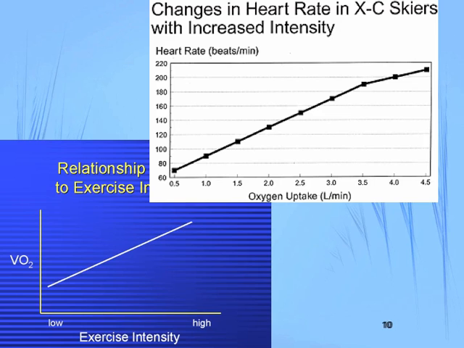And so we have a nice straight line increase. And then we all eventually reach what we call a maximum heart rate, which is the fastest our heart can beat. And if you look at the bottom graph, you see as exercise intensity increases, as we work harder, our VO2 consumption also increases.